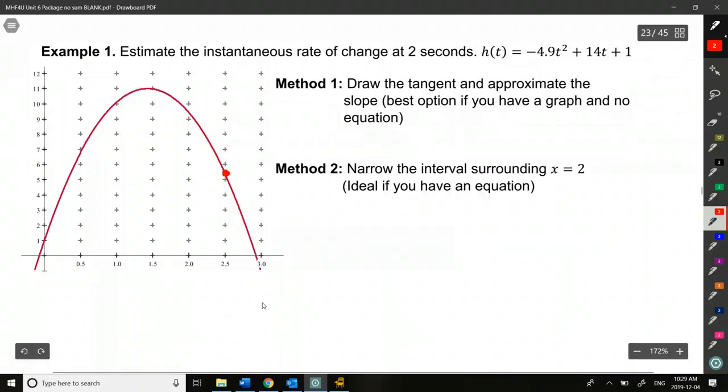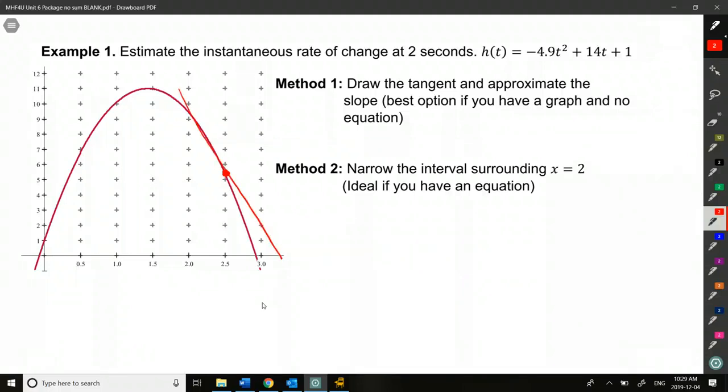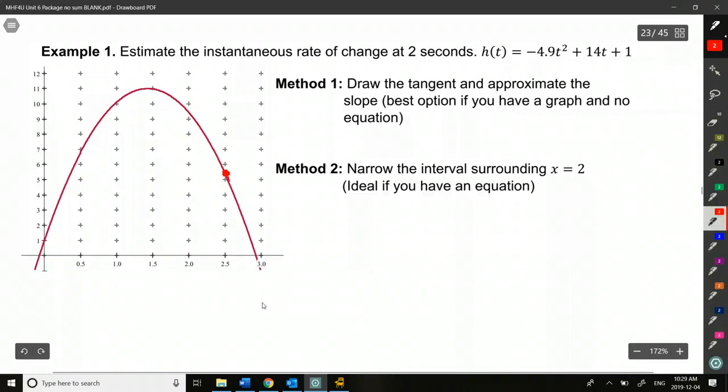So I want to create a line that feels like it's balanced on my equation. So I wouldn't do something like this because that's unbalanced. But if I can create a line here that just crosses at that one point, sorry, this is going to be hard for me to do freehand, but if I can create a line that grazes the function at that one single point and goes like this, it looks somewhat balanced.